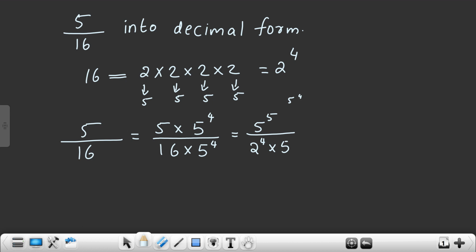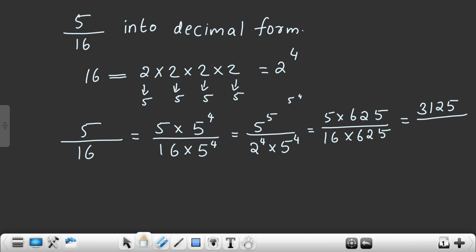Anyway you can multiply. So this is 5 into 625 or 16 into 625, is equal to 3125 by 10,000.